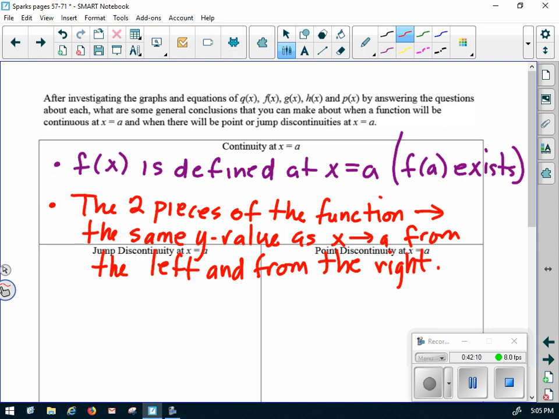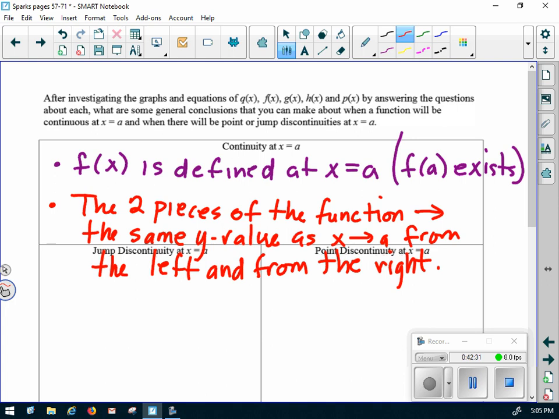If you go back and look at p of x, let's look at what we said on this very first bullet item here. Was the function defined at x equal -3? Yep. p of -3 was -2. Then let's look at the red bullet item here.